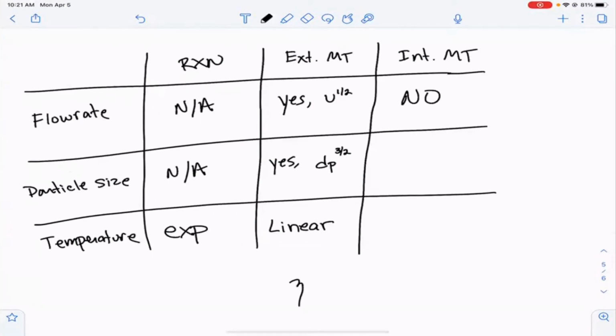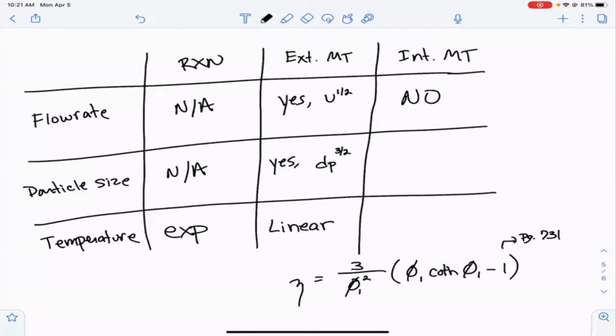And that is that our effectiveness factor can also be calculated by a very simple equation, at least for this first order reaction, where it's the Thiele modulus squared times the Thiele modulus times the hyperbolic cotangent of the Thiele modulus minus 1. That's on page 731 in your book, if you want to have a look at exactly where that comes from. But I don't want to spend the 10 minutes to derive the equation. I just want us to have a conversation about it.